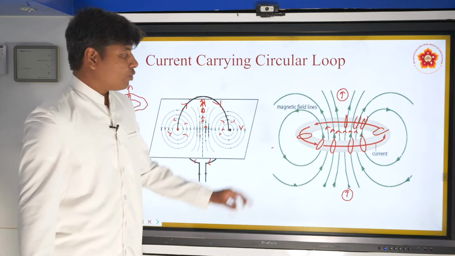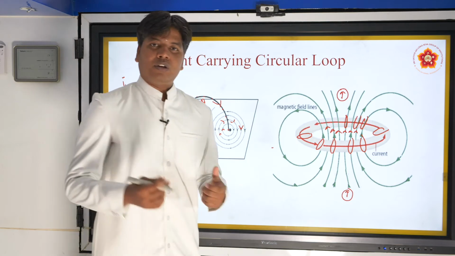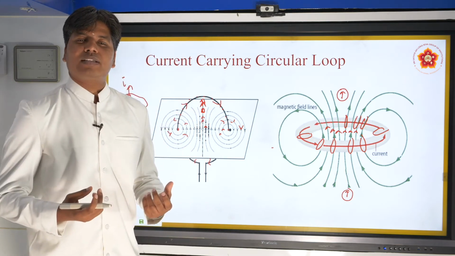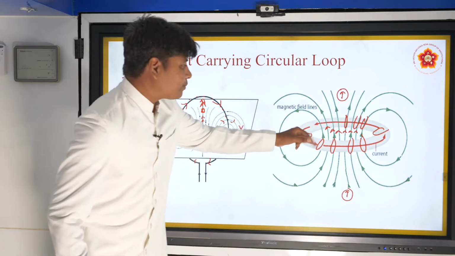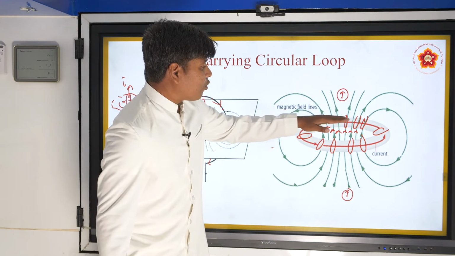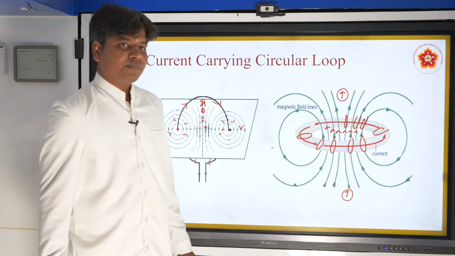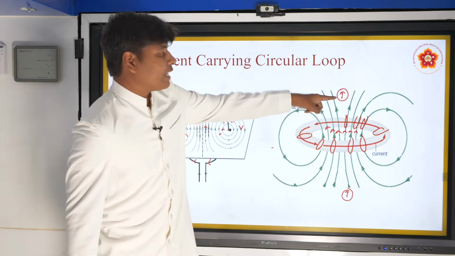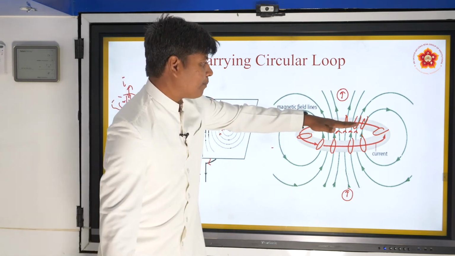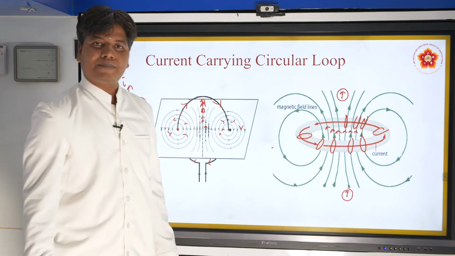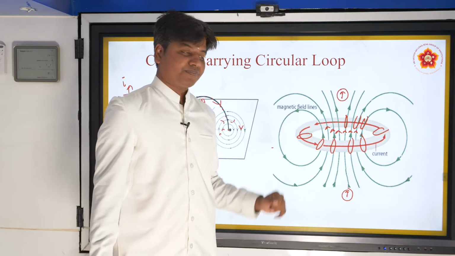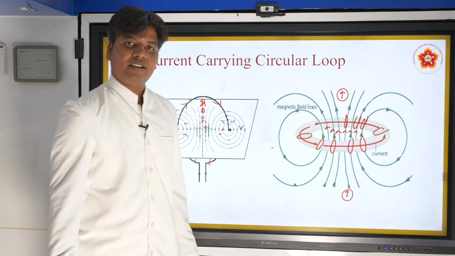So any current carrying conductor, like a current carrying circular coil, we can call a small magnet. How is this behaving? Upwards, what kind of pole can we assume here? The north pole of the compass is pointing away from it. That means we can assume the upper side is the north pole, because the compass is pointing away from the circular coil.